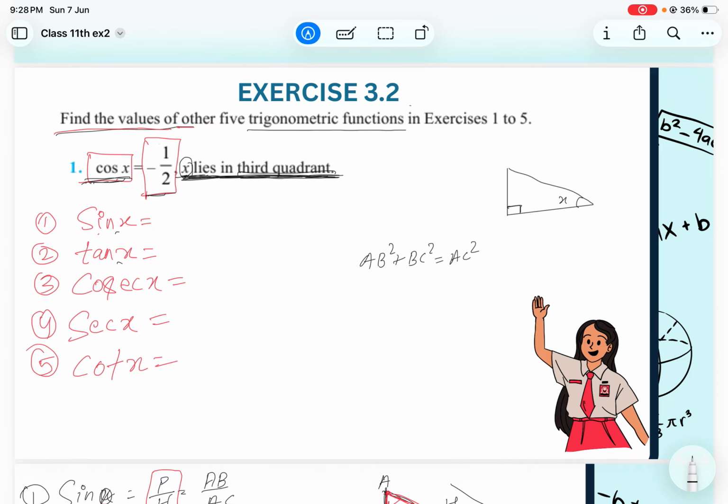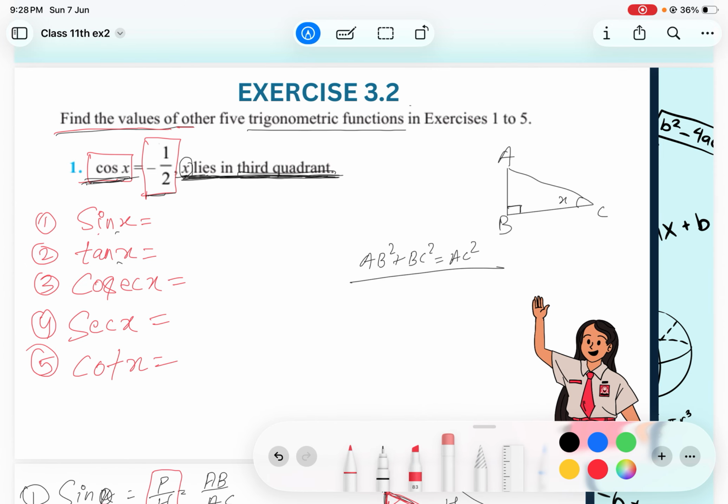This is the x. So we have cos x. Okay, so A, B, C. So we have BC. It will be AB square plus BC square equal to AC square. And also, let me just clear this.